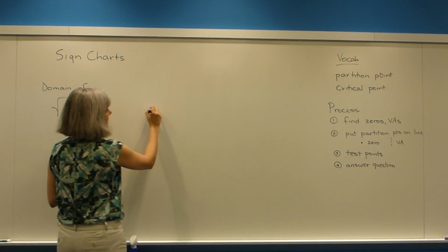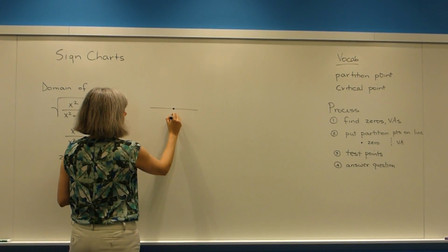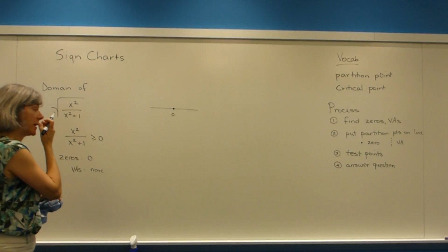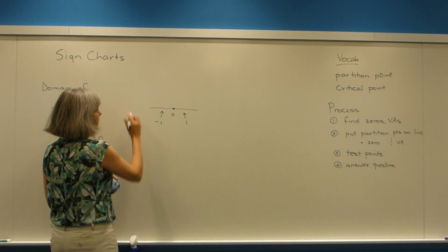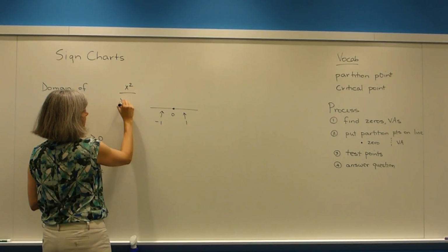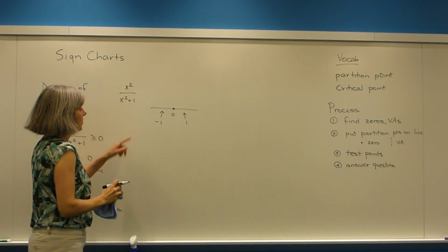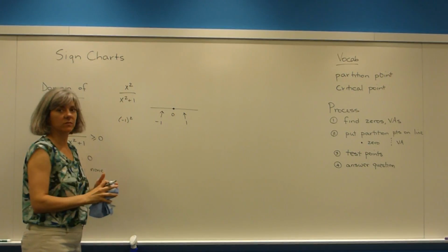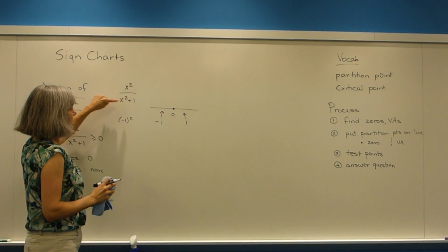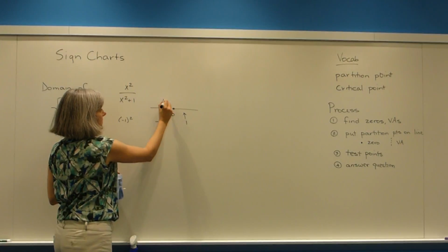Okay, so that means we only have one value on our number line. -1, 1. Put in -1. Remember, this is -1 quantity squared, so 1 over 1 plus 1, all positive.